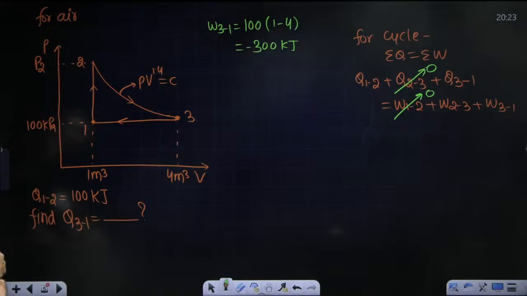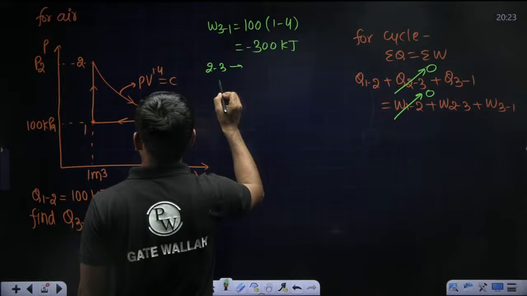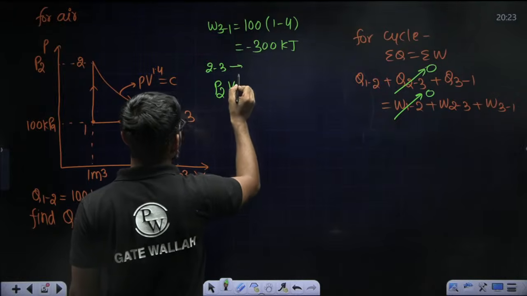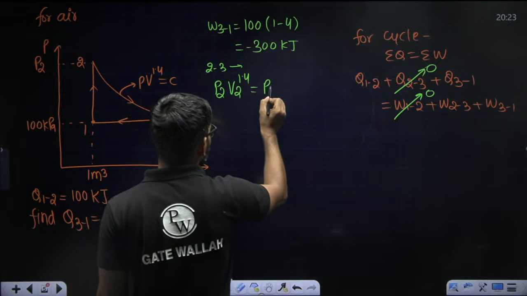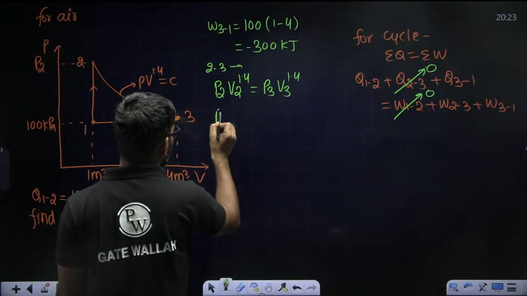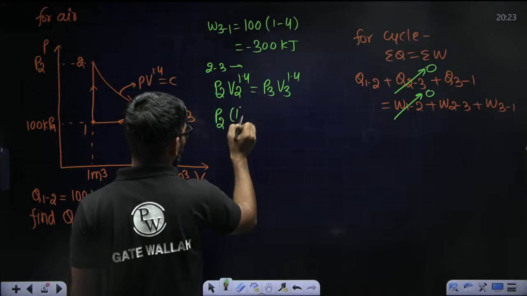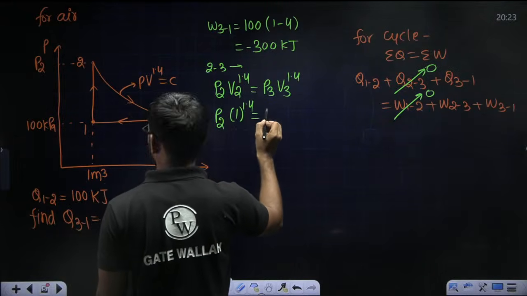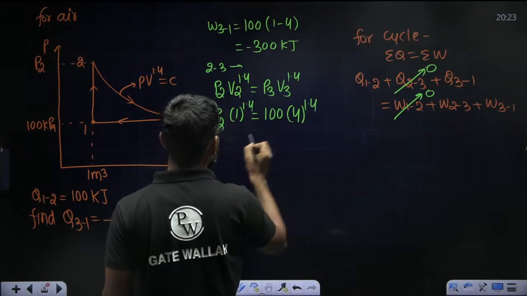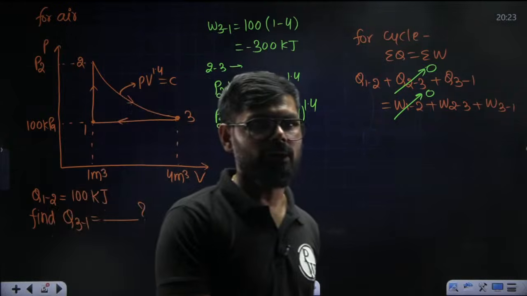Okay, now come to 2 to 3 process. So here you will get P2 V2 to the power 1.4 is equal to P3 V3 to the power 1.4. So P2 value is how much we need to calculate? P2 into V2 value 1 to the power 1.4 is equal to P3 value 100 into V3 value 4 to the power 1.4. So from here you will get P2 value.